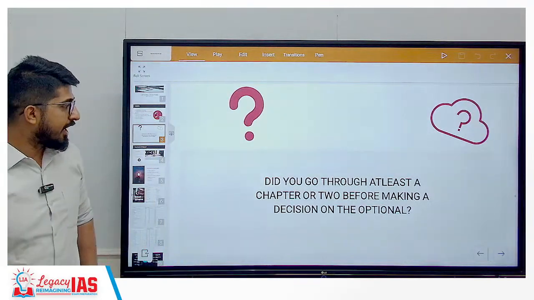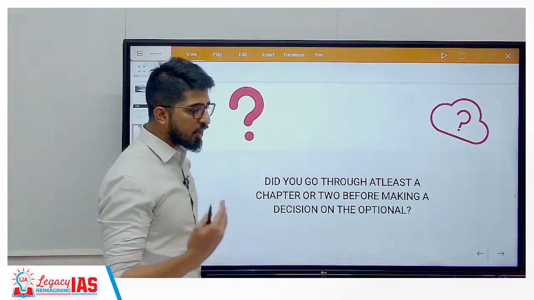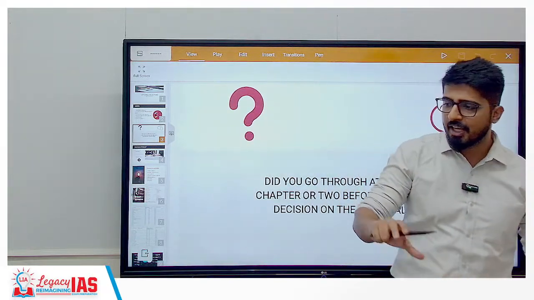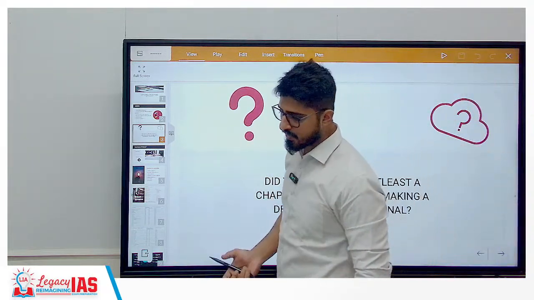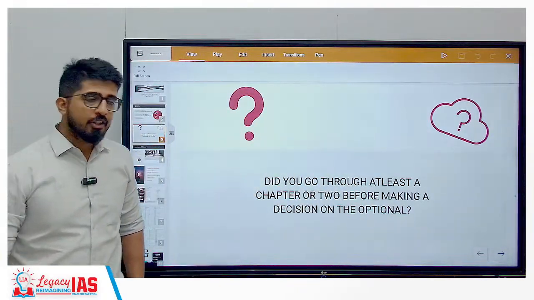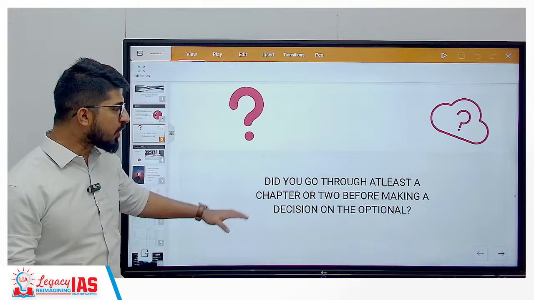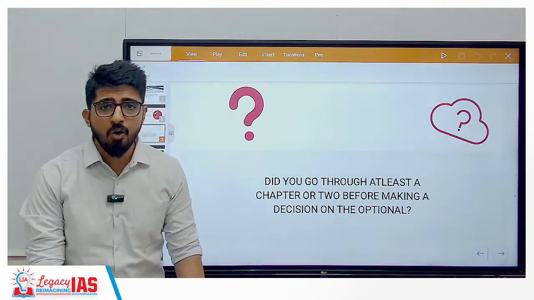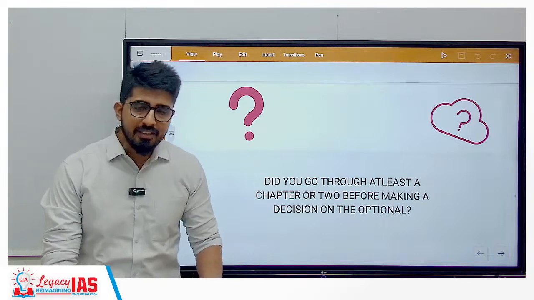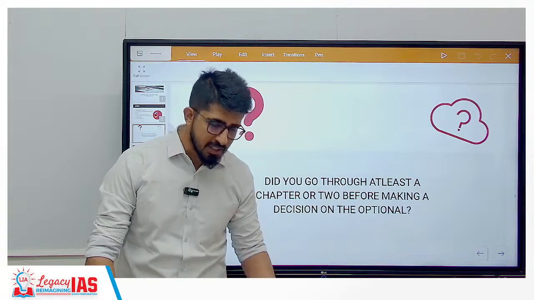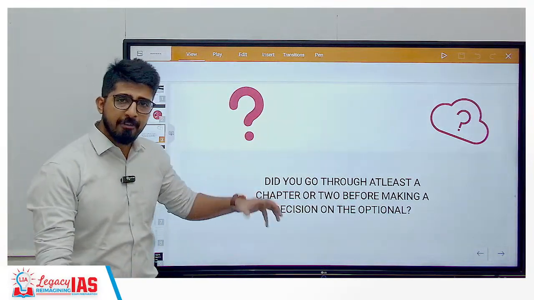So if you have already chosen an optional, or if you have converged upon, let's say, 2 or 3 optionals to choose from, you must have done this exercise already. If you have not, make sure you do it. Did you go through at least a chapter or 2 before making a decision on a particular optional? This is a must. You must do it even before you choose an optional, even after I give all the factors to consider.